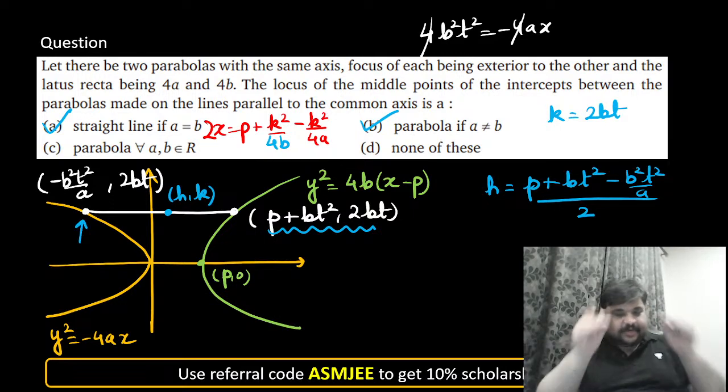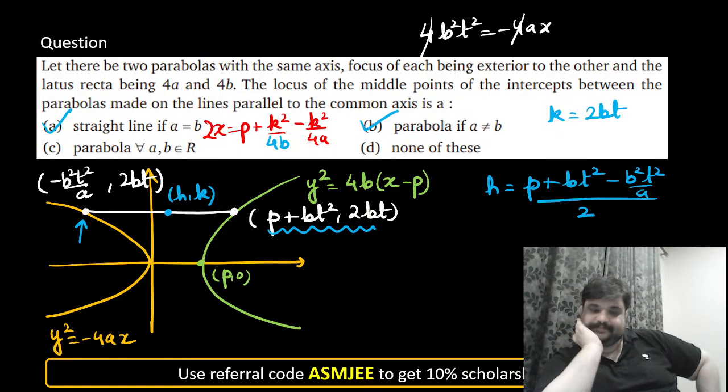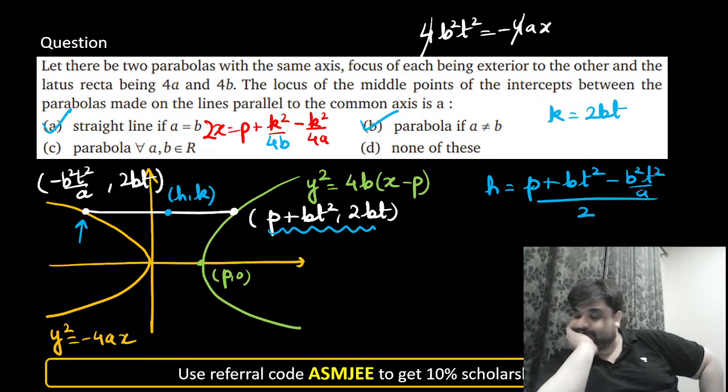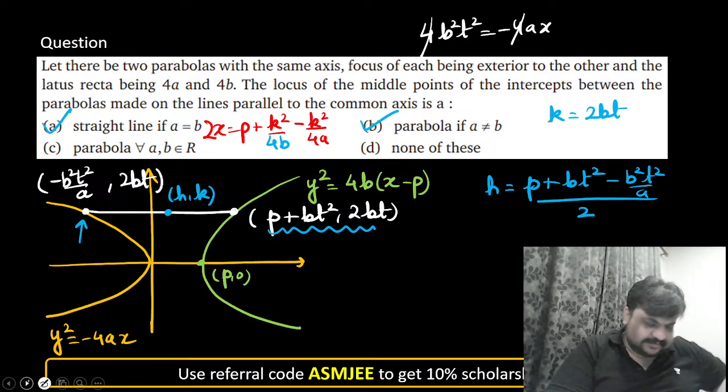And then I took the midpoint and found the locus of it. We could have done y equal to k.